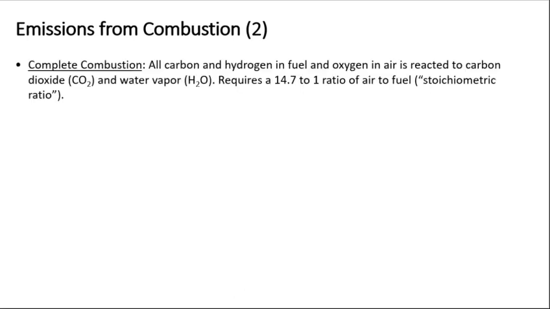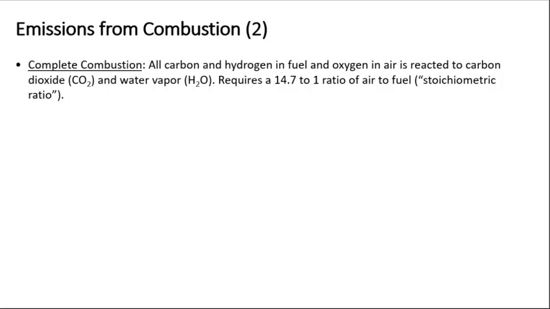Complete combustion is a theoretical condition in which all of the carbon in the hydrocarbon fuel is converted to CO2 and all of the hydrogen in the fuel to water vapor. As a result, since all of the carbon is in CO2, no other carbon byproducts would be produced. Specifically, there would be no carbon monoxide, no smoke, and no unburned hydrocarbons.